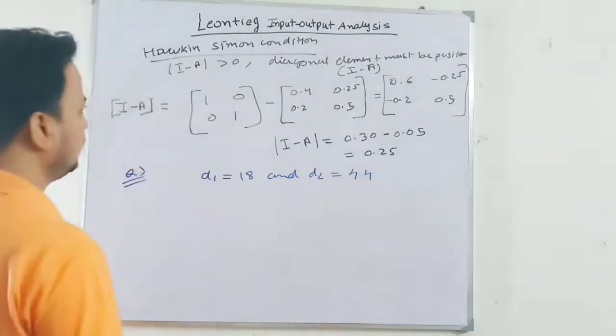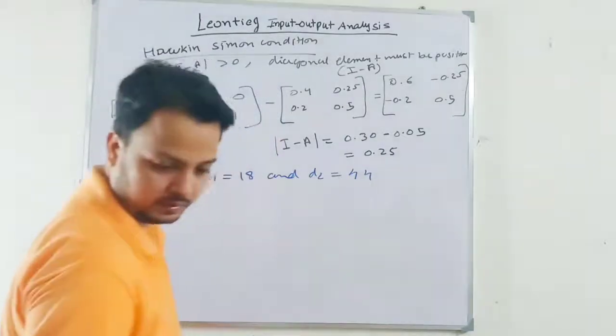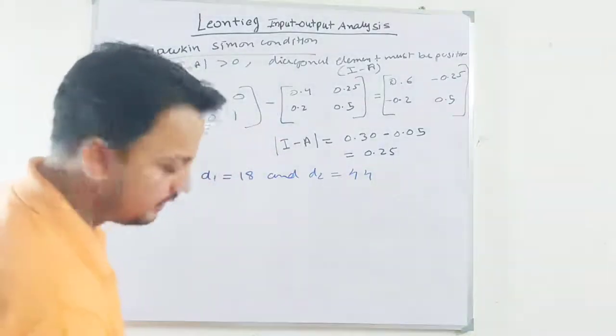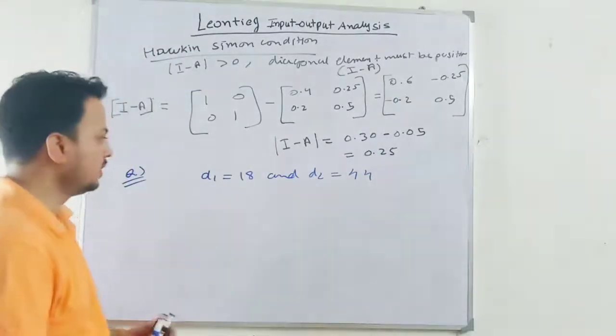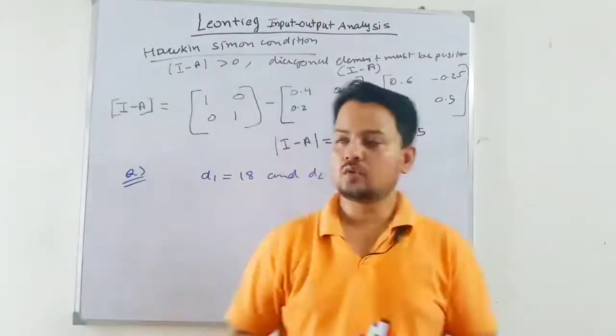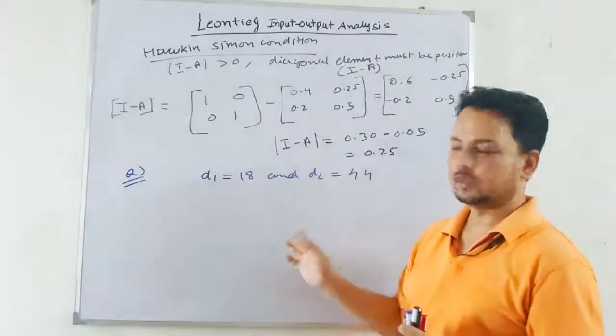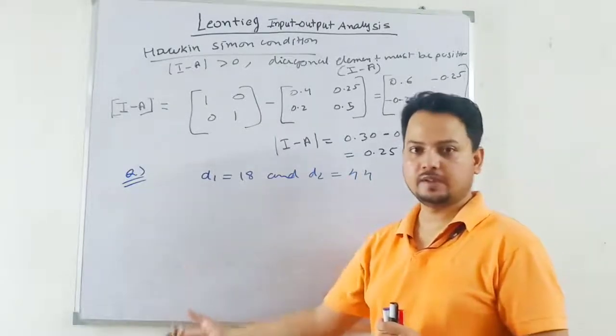Initially we had written how much input we are using, right? Now there is a change in final demand, so we have to take out the value of output of industry 1 and industry 2.